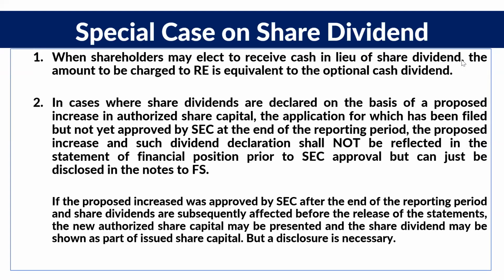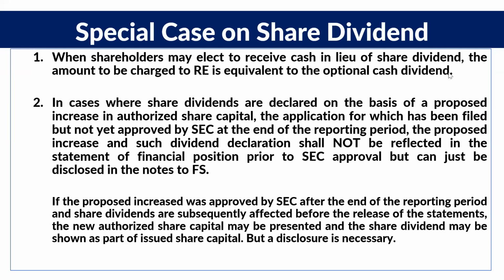So we also have special cases on share dividend. For example, in the first bullet, when shareholders may elect to receive cash in lieu of share dividend, the amount to be charged to retained earnings should be equivalent to the optional cash dividend.